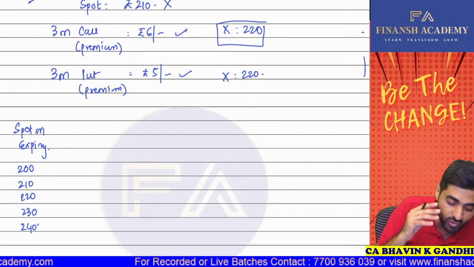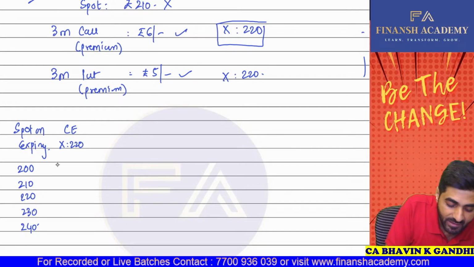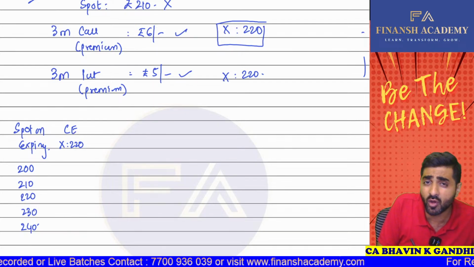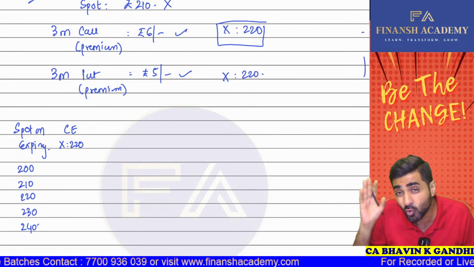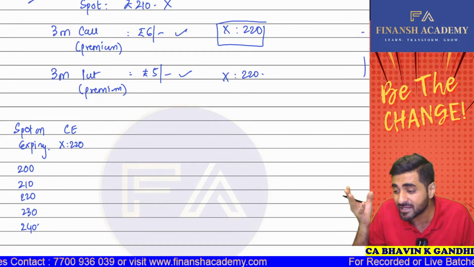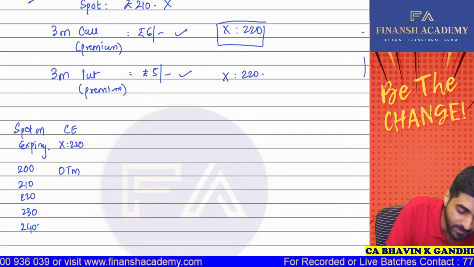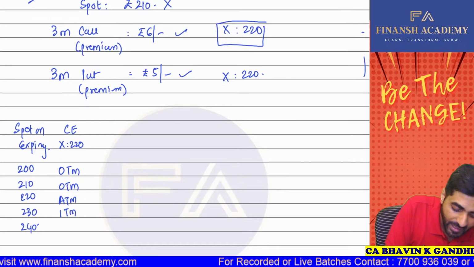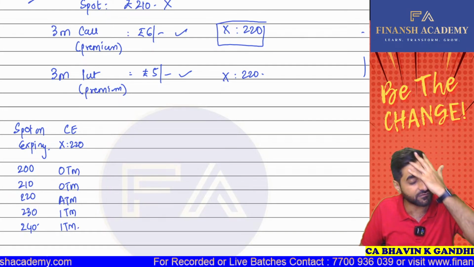As you can see, for a call option when the strike price is 220, and the spot on expiry is 200, it means I have a right to buy at 220 when the market price itself is 200 rupees. So can I say this becomes out of the money? So this is out of the money, this is out of the money, this is at the money, this is in the money, and this is also in the money. So these are the different call options.